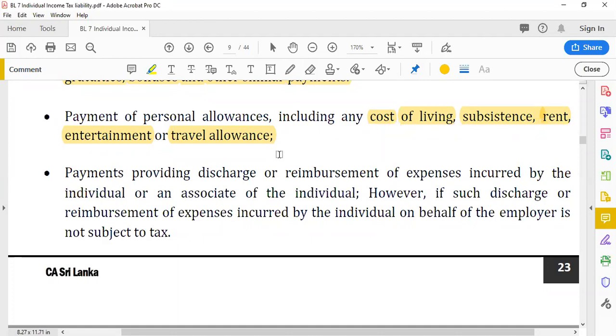Subsistence, for example, you are working in a soap manufacturing company, say Lux, right? What's the market price of Lux? Lux soap market price? How much?